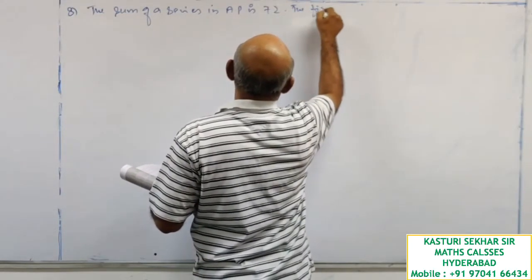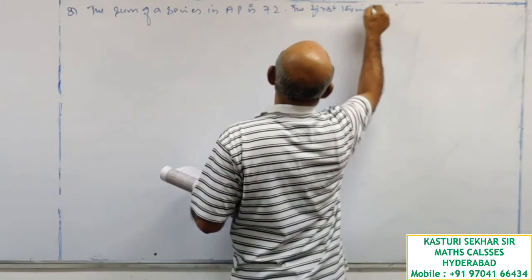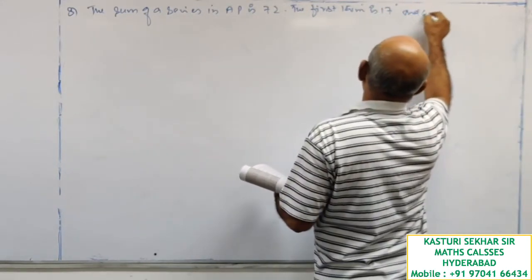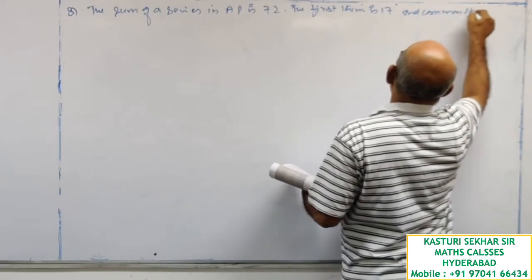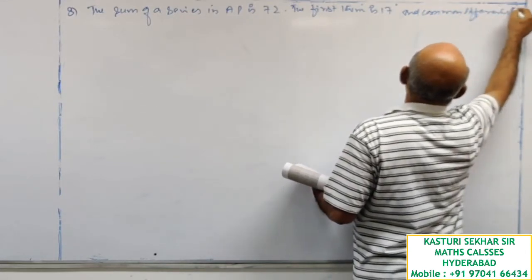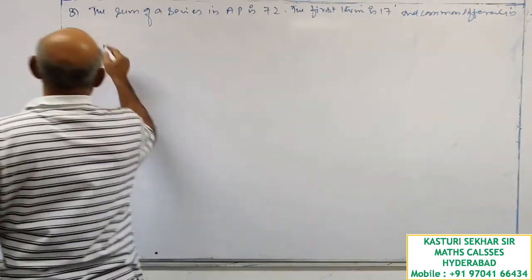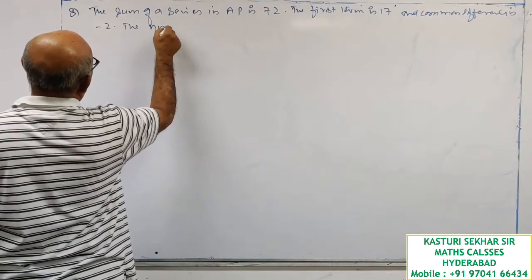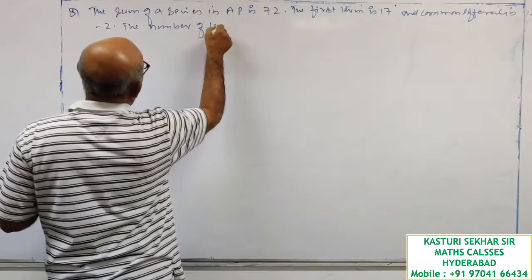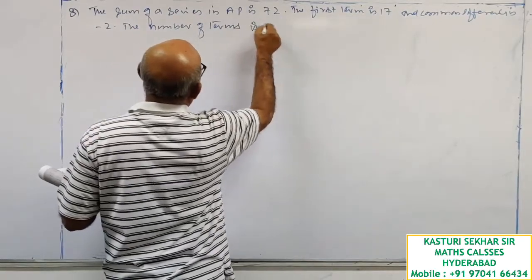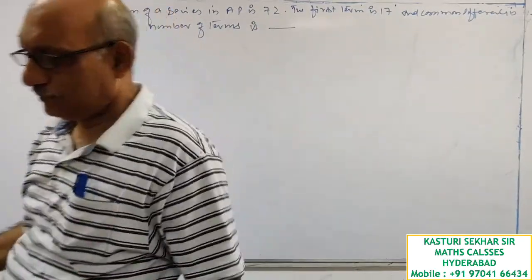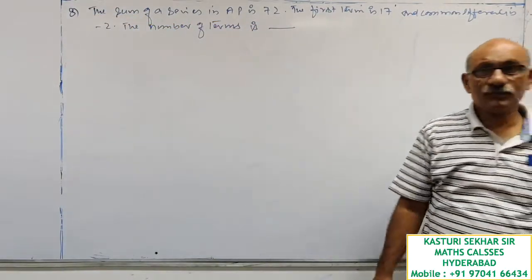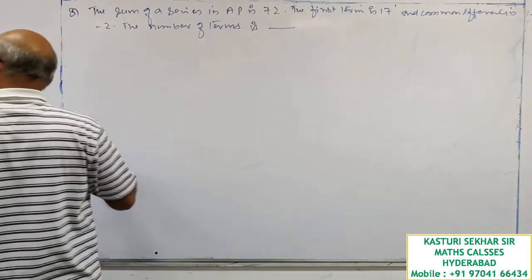The first term is 17 and the common difference is -2. The number of terms is? Now see the solution.